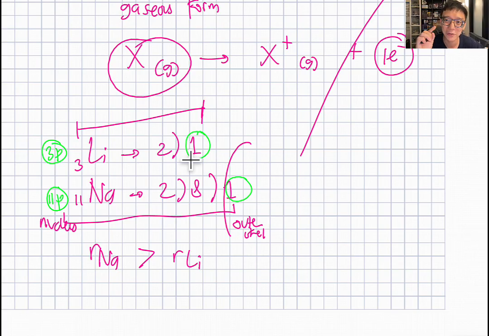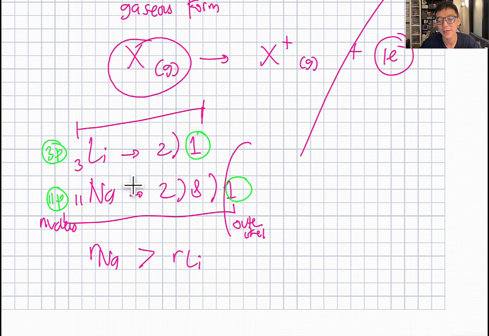Therefore, we have an inversely proportional relationship between atomic radius and ionization energy. The further your atomic radius is, the easier it is for us to strip one electron away.